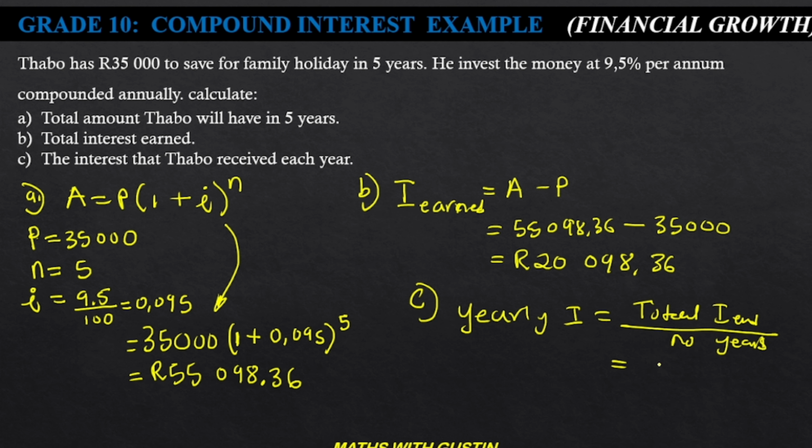In this case we've got 20,098.36, and the money was invested for 5 years. So the yearly interest that Tabo is getting each year is just going to be that 20,098.36 divided by 5, which gives us an amount of, if you got this, well done guys, 4,019.67. All right, great stuff.